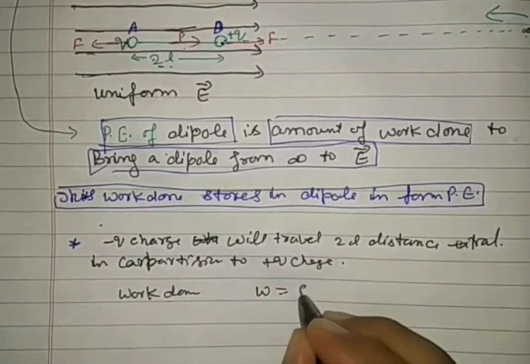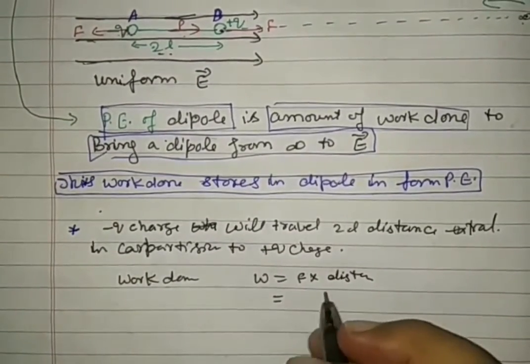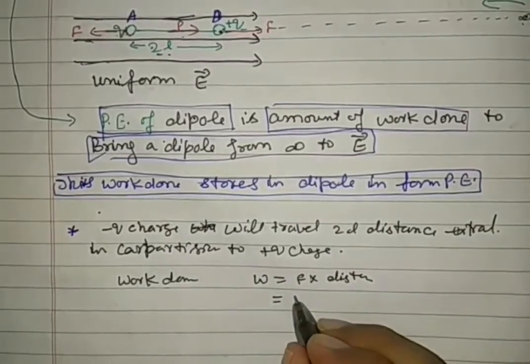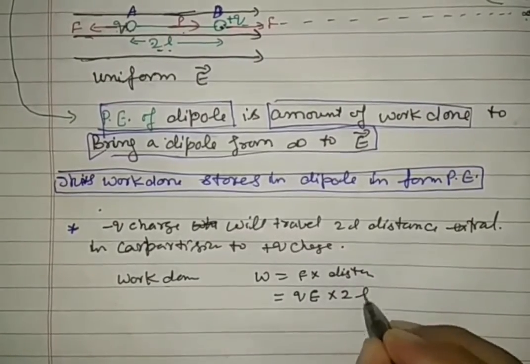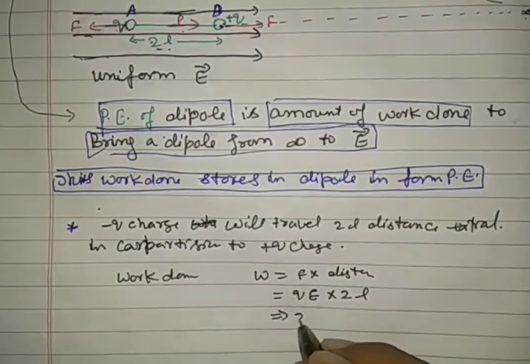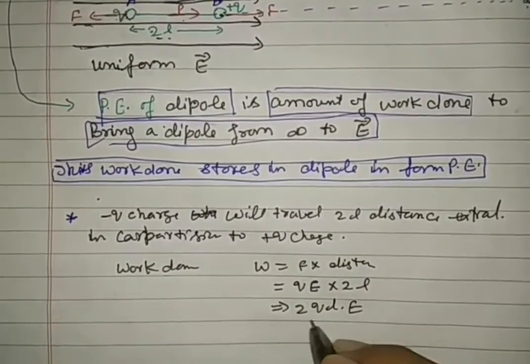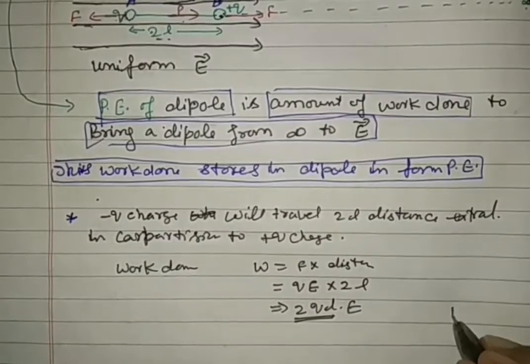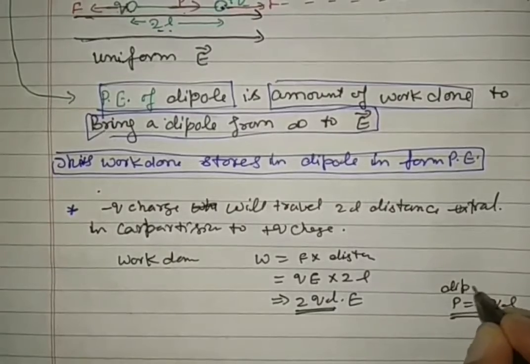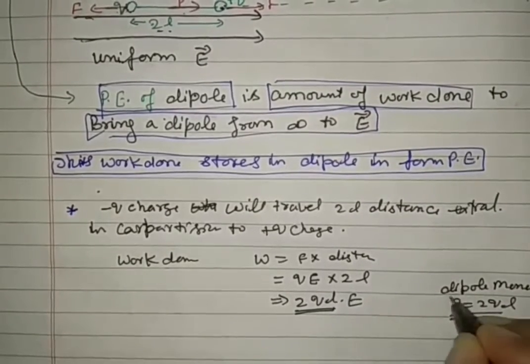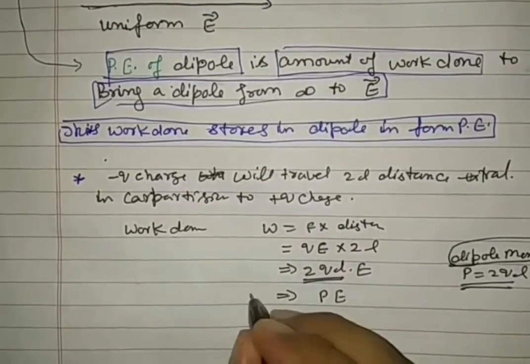W is equal to force into distance. What is the force acting here? The force acting is qE and the distance is 2L. So we may write it as 2qL into E. Since 2qL is called the dipole moment, we have already defined it, this work done is pE.